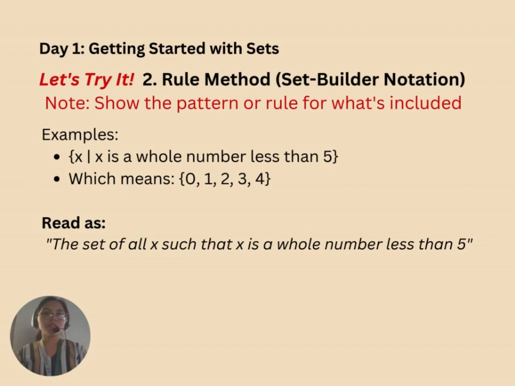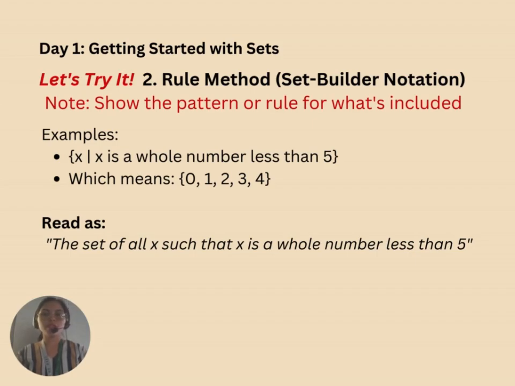The X and then the slash you see there is to be read as the set of all X such that X is a whole number less than 5. Which means if we list it down using the list method, it is {0, 1, 2, 3, 4}. Those are the whole numbers that are less than 5.